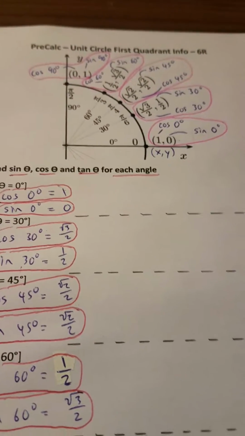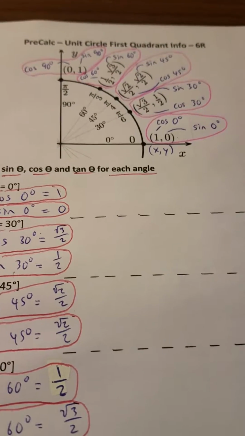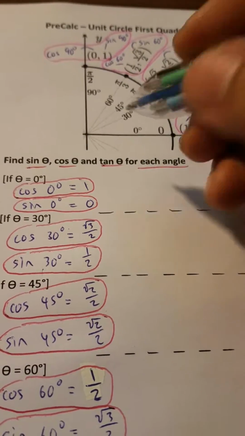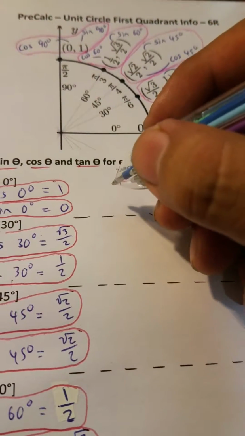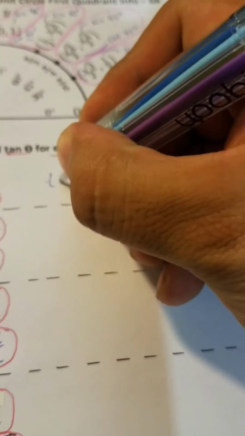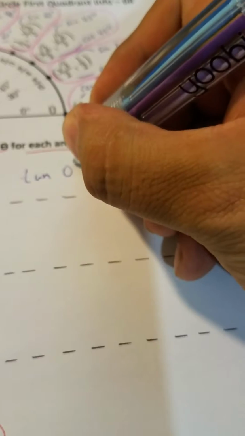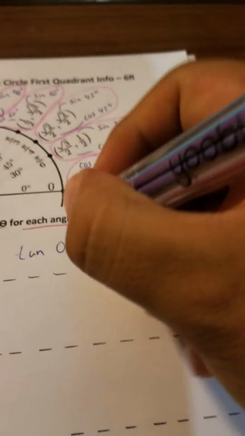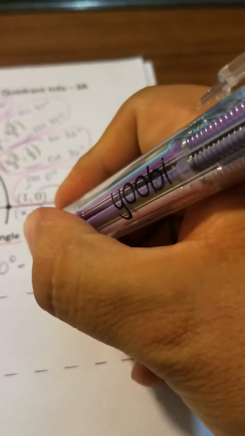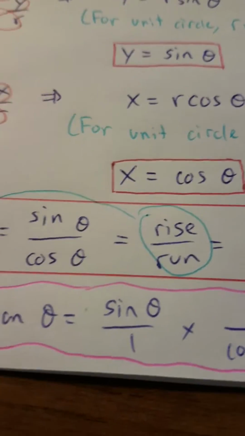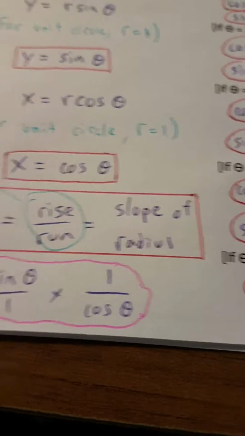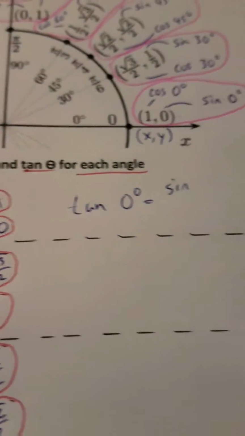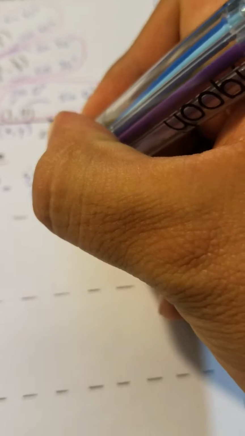So for the first one, we're going to have here the tangent of 0 degrees, and that equals the sine. We'll use this definition for the tangent of theta: the sine of 0 degrees over the cosine of 0 degrees.